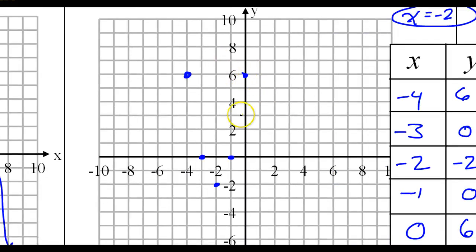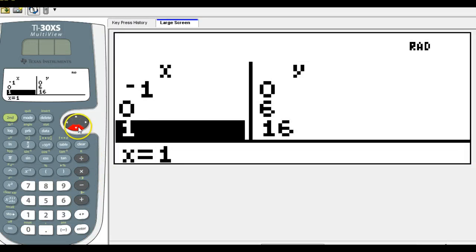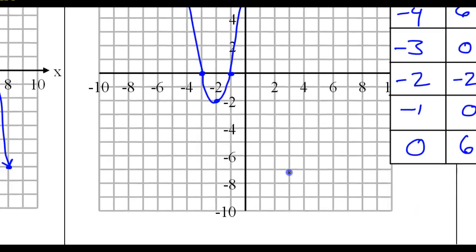Alright, I doubt any other values are going to fit on this graph. But let's take a quick look. And yeah, the next one is at 16. That's off the graph. So we will have to make ourselves happy with these values. Okay, so there's your parabola.